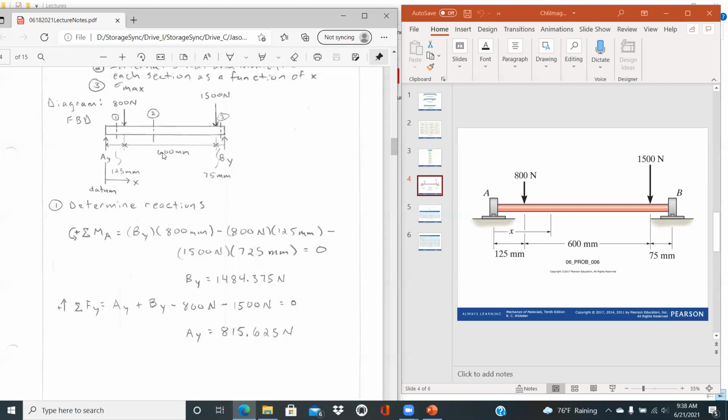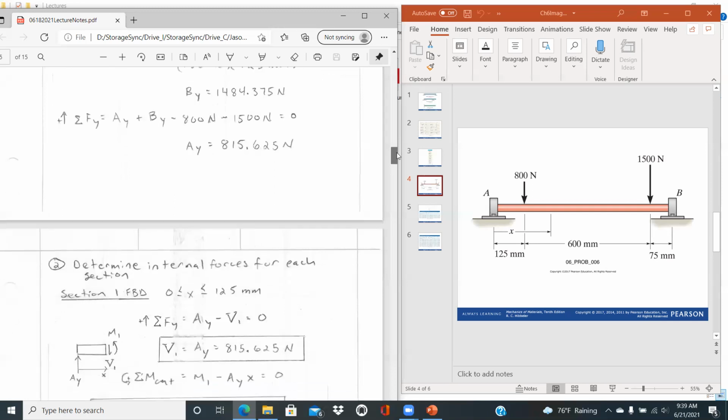And that would just increase our AY and BY values. But that's the first step, is to identify what your reactions are. And so we've solved for AY and BY now. That was the first step.